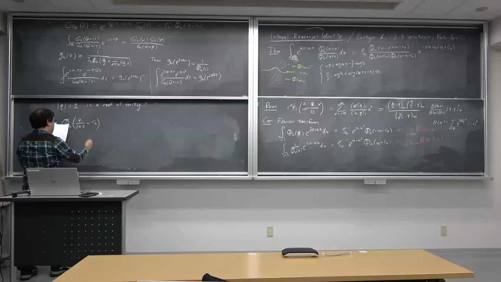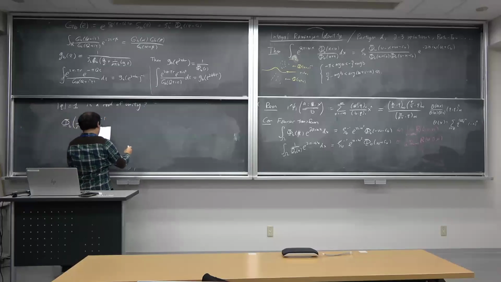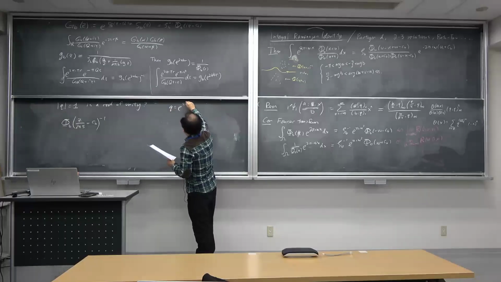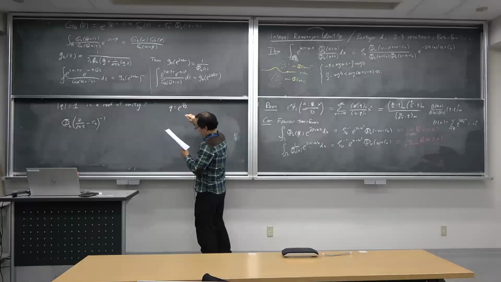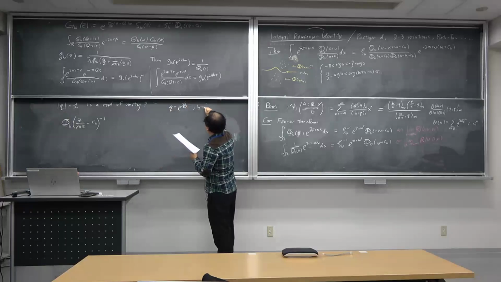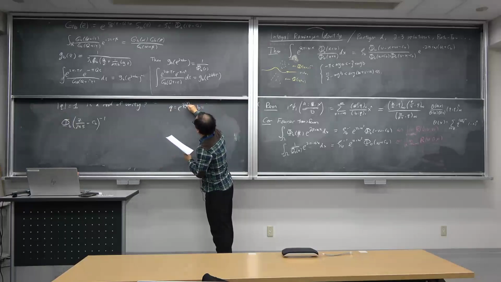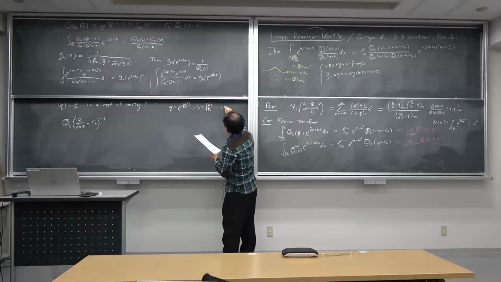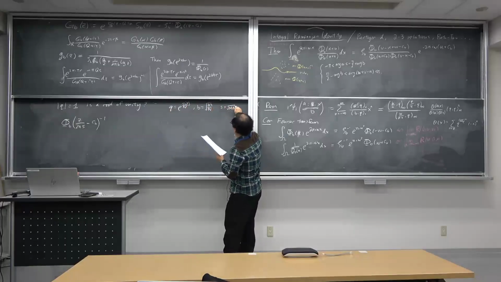In fact, you have a closed form expression. So let's say Q is a root of unity, I over n, and here my B is m over n, my S is mn.